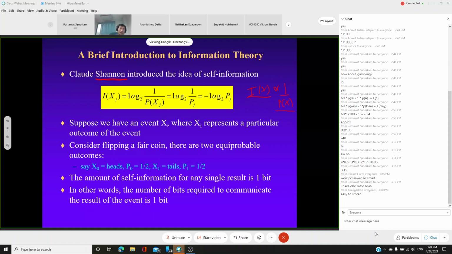If there is a lot of certainty, you have very little information when you get that message. For example, if I have an unfair die, and every time I toss it I get number 1, that's very certain, right?